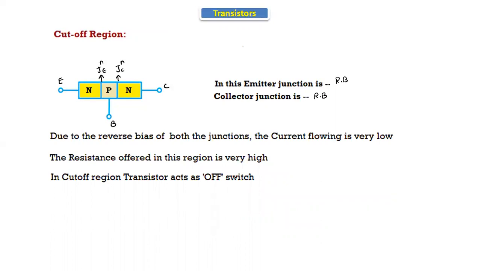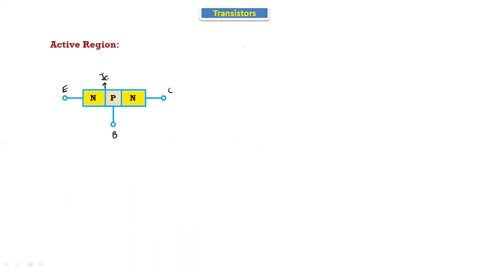Now let's see the active region. In the active region also, there is an emitter terminal, a base terminal, and a collector terminal, with an emitter junction and a collector junction. In the active region, the emitter junction is forward biased and the collector junction is reverse biased.